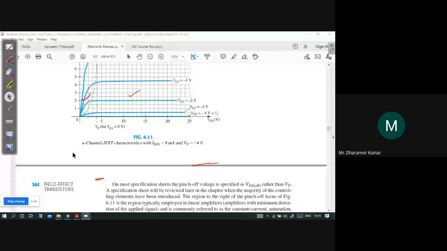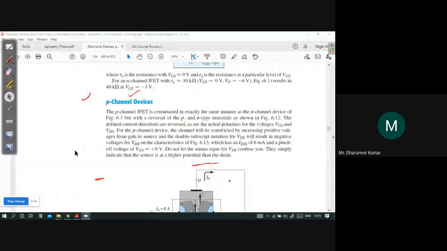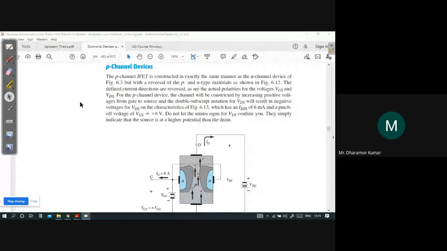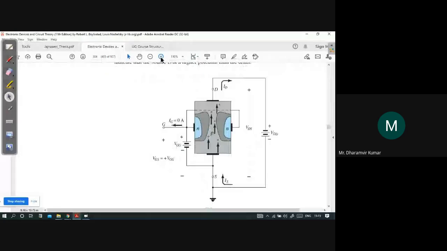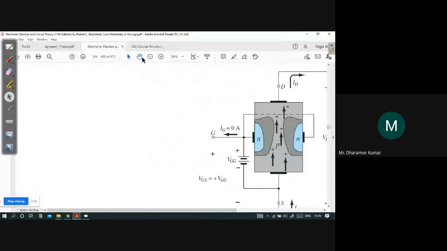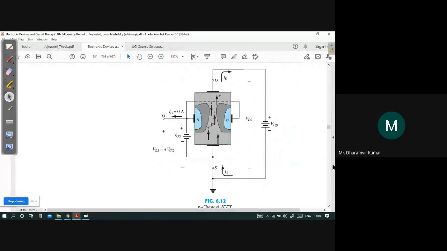Now, similarly, we can have p channel devices, where we will have this channel that is of p type.